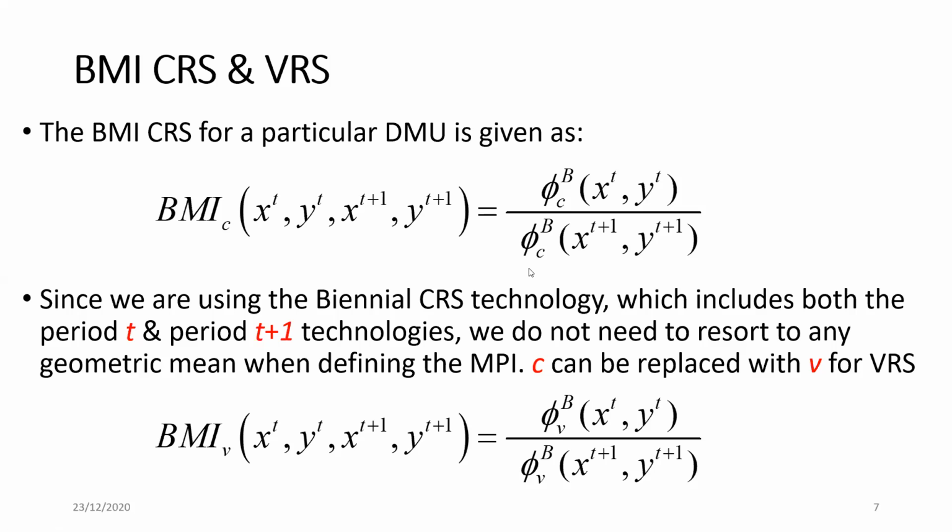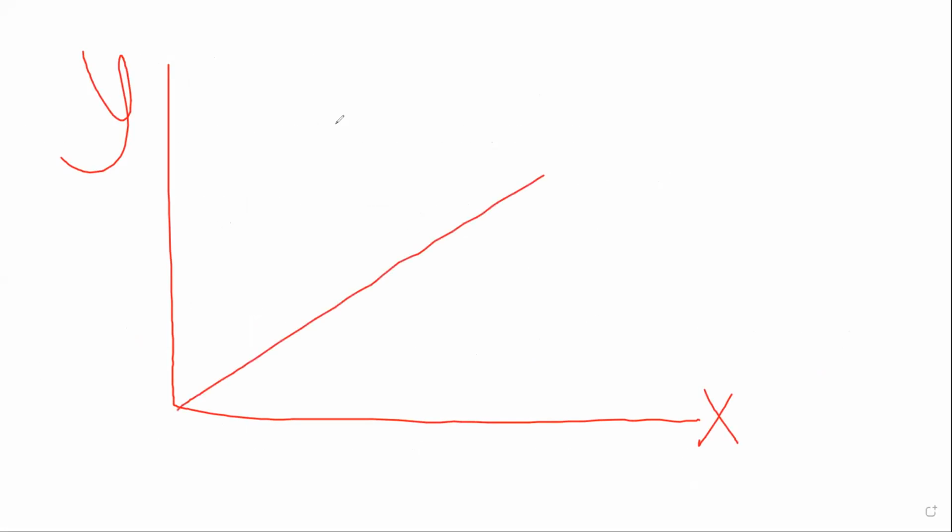Let's just take something like what I'm about to draw here. Look at this graph. You have X and Y. When we do constant returns, you know constant returns is always going like this.